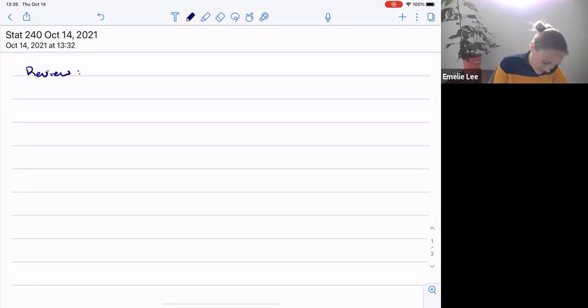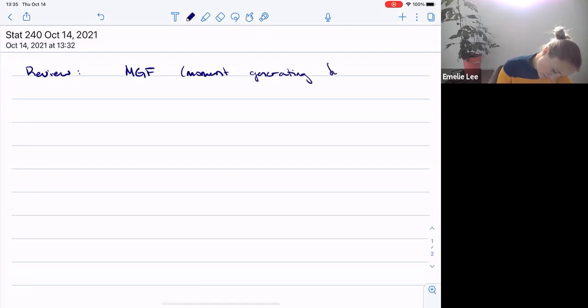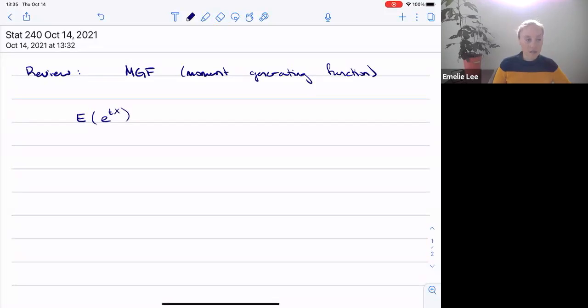So we established how we found the moment generating function, and it's a special expectation. And so we said that the moment generating function is the expected value of e to the power of tx.